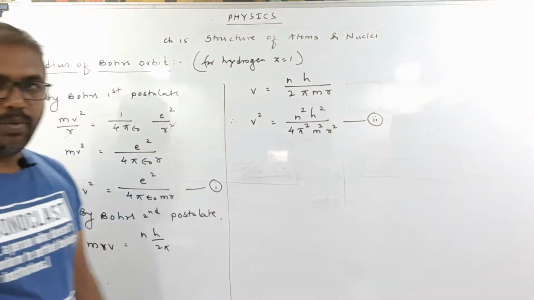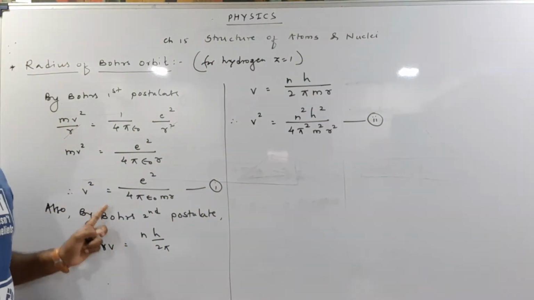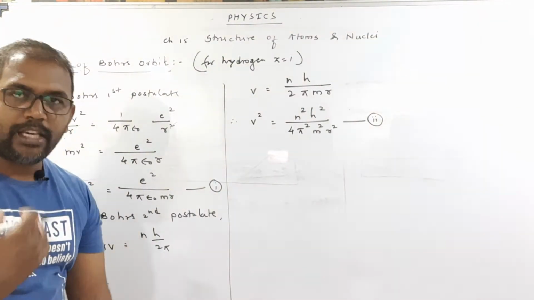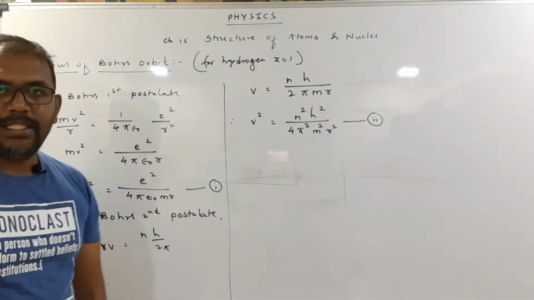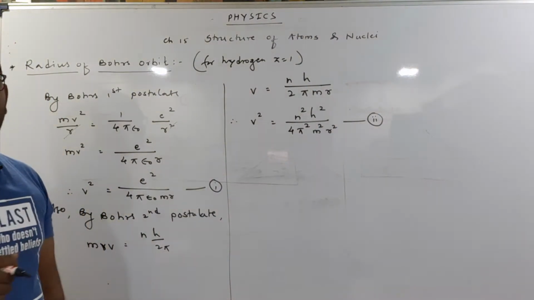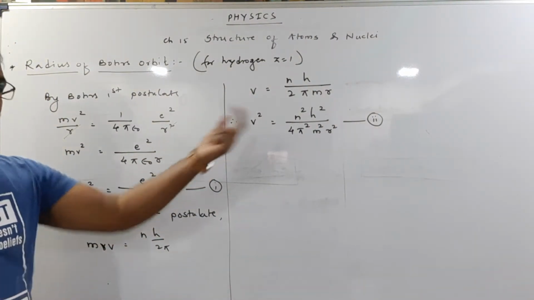Now see the equation 1 and equation 2. Both the equations are equation of v square. Means here we can say that their left hand side is same, so right hand side is obviously same.